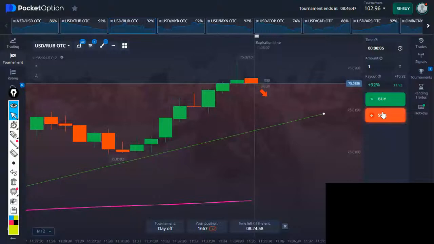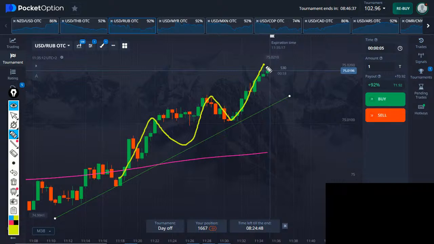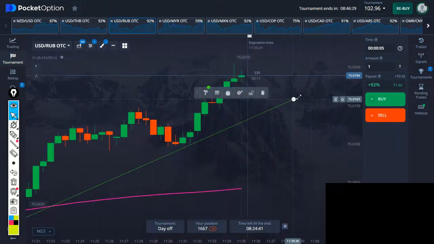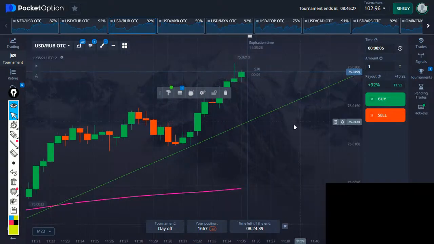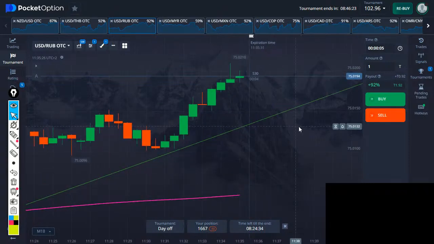Red, red, we don't do anything. The pair is moving in a channel-like situation, so it might drop back to this line over here. Let's see the next bar.